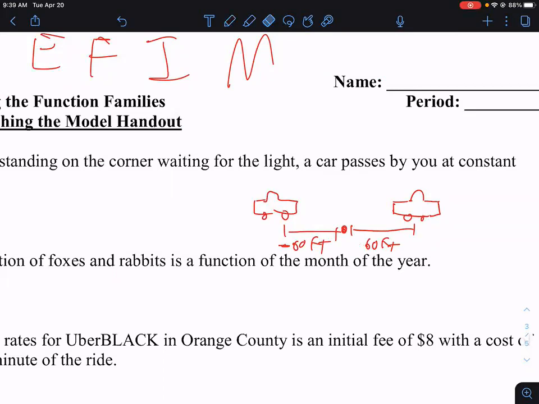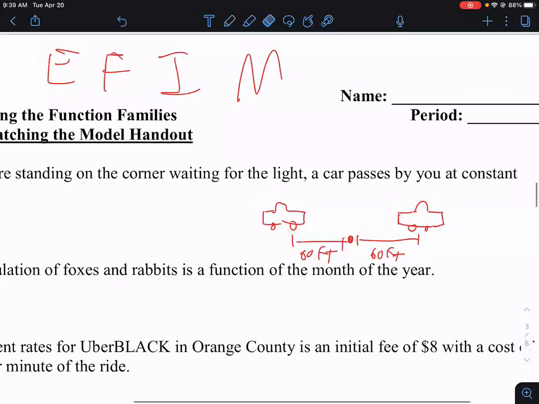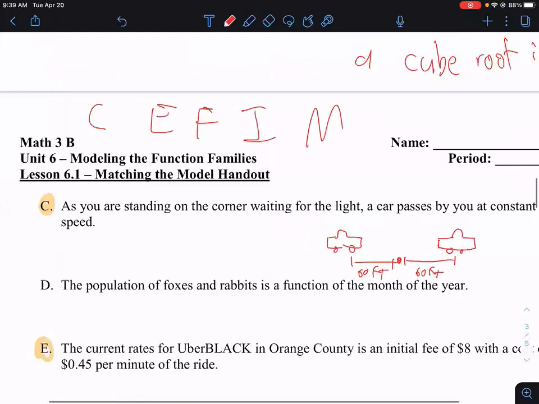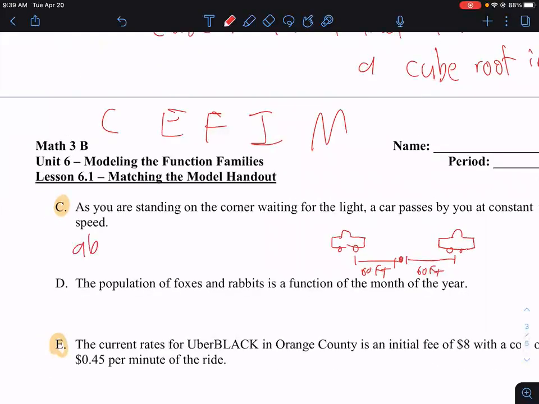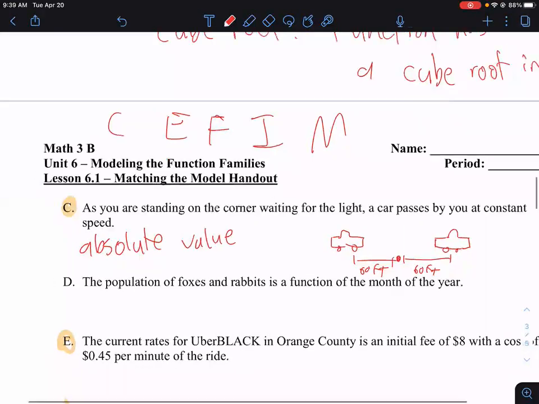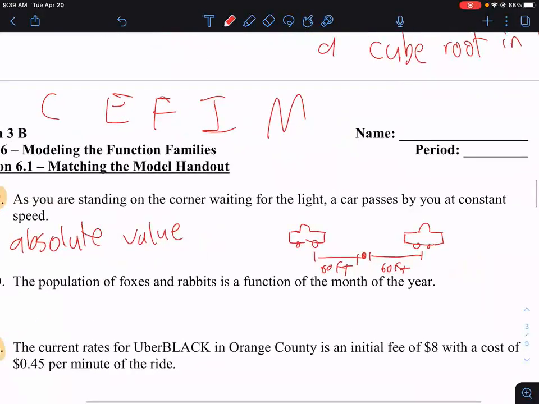Distance cannot be negative, right? You never say the store is negative 2 miles away. It's either 2 miles north or south or so on. So for this one, the intent was absolute value, but if you put linear, I would accept it because the wording wasn't as clear. I didn't mention the distance.